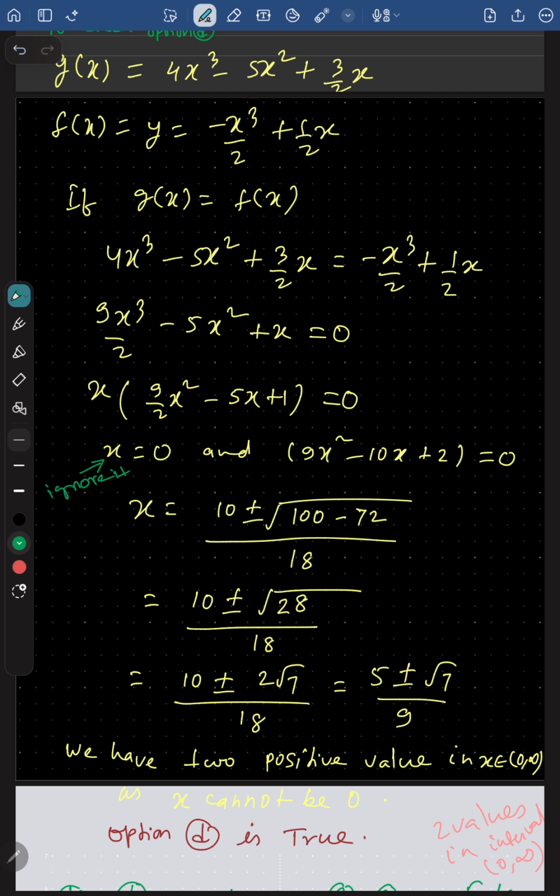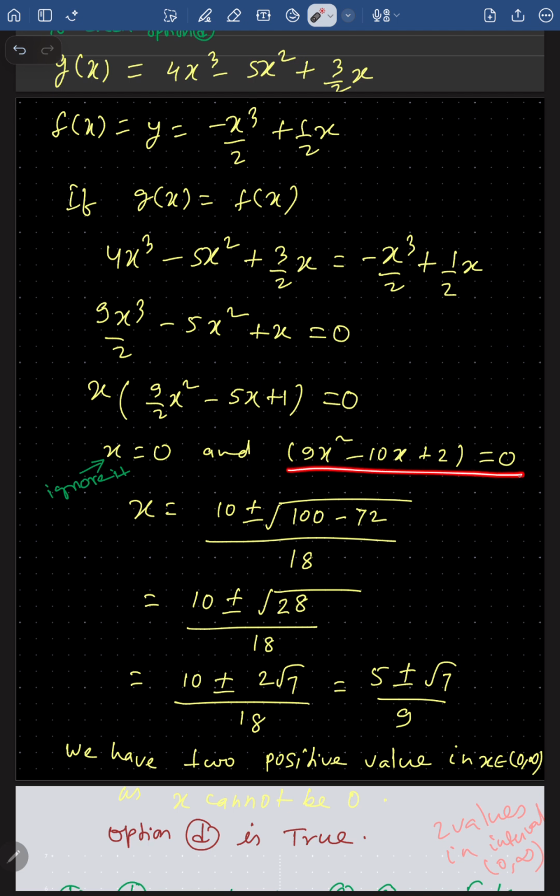Clear? So we will ignore it, and we will use this one using the quadratic formula, minus b plus minus root of b square minus 4ac, upon 2a. So minus b means minus minus 10, 10 plus minus root of b square, 10 square is 100, minus 4ac, 4 times 9 is 36, 36 times 2 is 72, and 2a is 18.